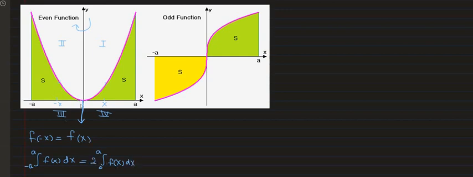So we can just evaluate the integral from 0 to a, and then we multiply it by 2 because it's exactly the half of the area under the curve from negative a to a.